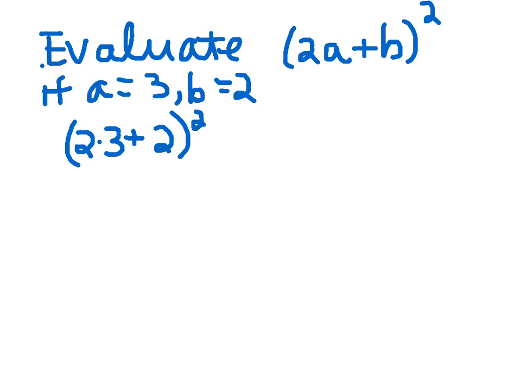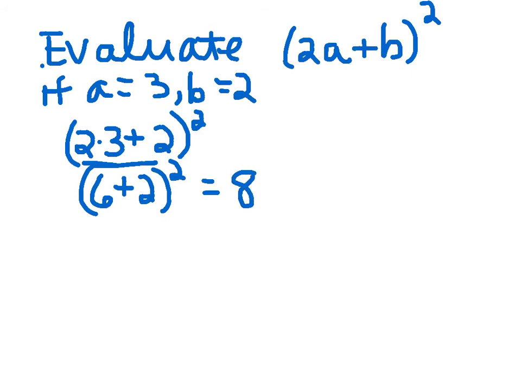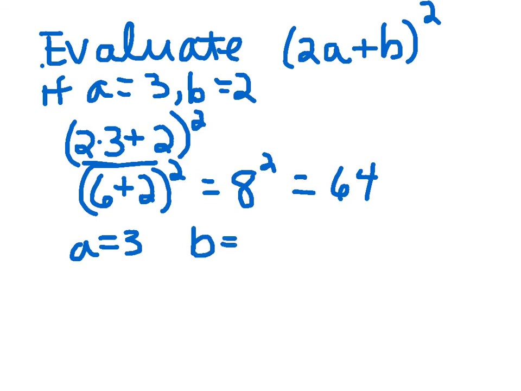Here we have GR, grouping symbols, so I need to do what's inside of this. And within the grouping symbols, I follow GREMDAS, which means I'm going to do this multiplication before I do the addition. I'll finish what's in the grouping symbols. I've got 8, and 8 squared is 64. Actually, I just noticed that in the book, they say a is 3 and b is -2. So let's do that problem too, because negatives always make things more interesting.